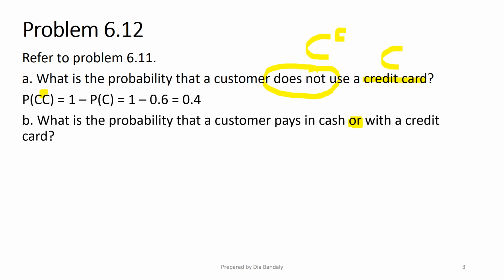And of course, usually if they have an intersection, we subtract the intersection, but these two events are obviously exclusive. They do not have any intersection because you either pay with cash or with credit card. And that's what makes the probability of their union to be simply the sum of their probabilities, which will make the probability of paying with cash or credit card to be 90%.